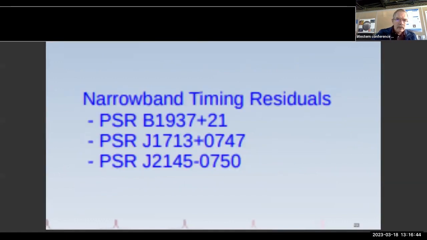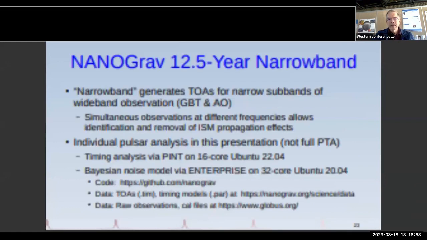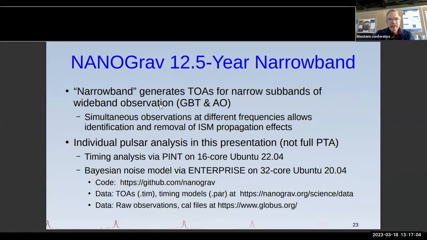So what I'm really looking at more is just individual pulsars. In fact, for the rest of the time, I'll just be looking at 3 individual pulsars, doing narrowband timing studies. Narrowband in this case means that at Green Bank and Arecibo, they actually have wideband receivers.